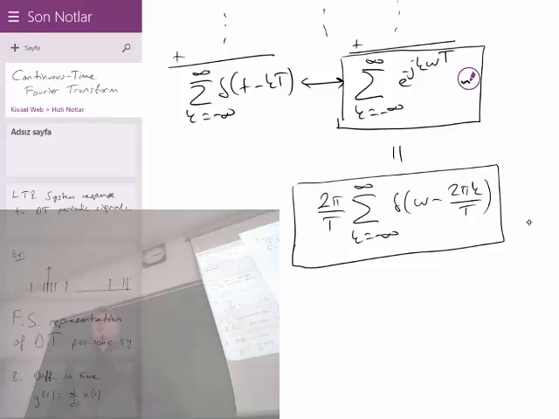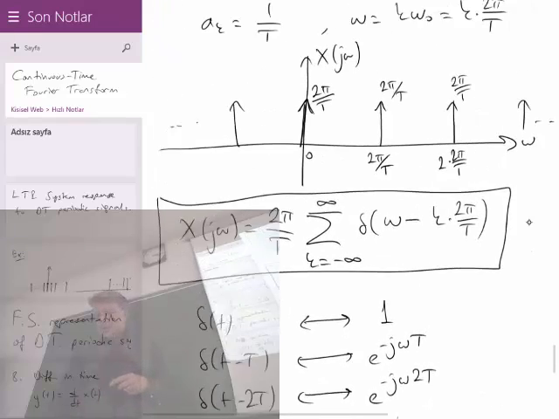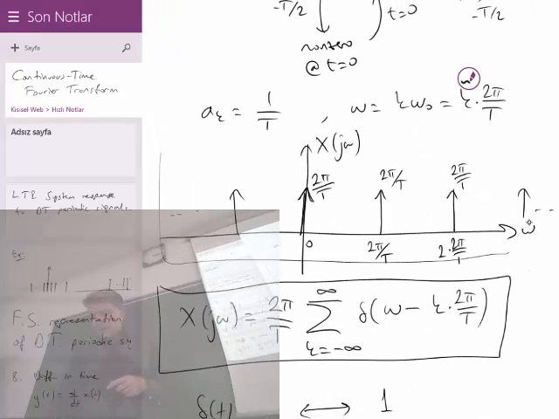So this is quite surprising, and I don't know if you can grasp the surprise here. What is so surprising? What's the big deal of this equation? The top one is equal to the bottom one. The top one is a summation of complex exponentials, which are sinusoids, basically. And the bottom one, on the other hand, is an impulse train, this shape.